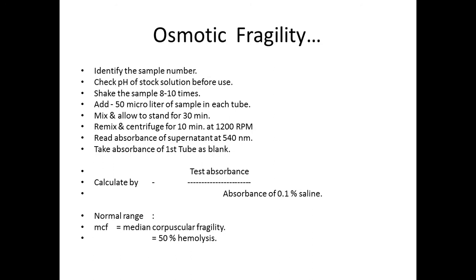We remix and centrifuge for 10 minutes at 1200 rpm, and then we read the absorbance of the supernatant solution at 540 nanometers. The absorbance of the first tube acts as a blank, and then we take absorbances of the various test tubes, which are called test absorbances.